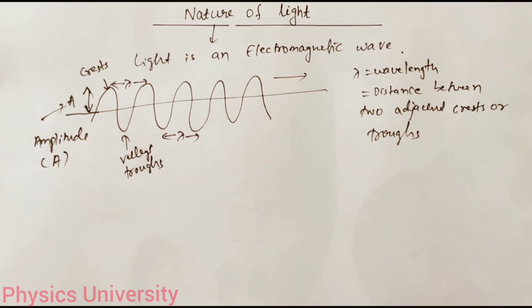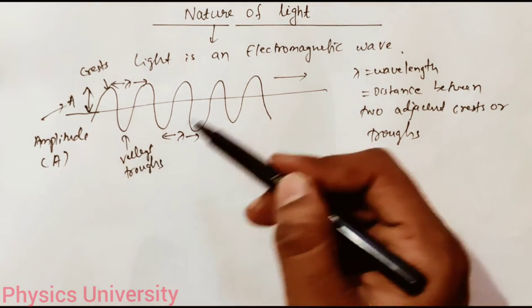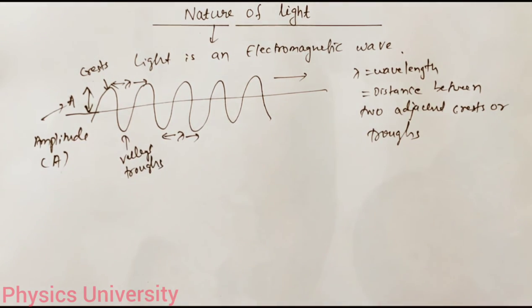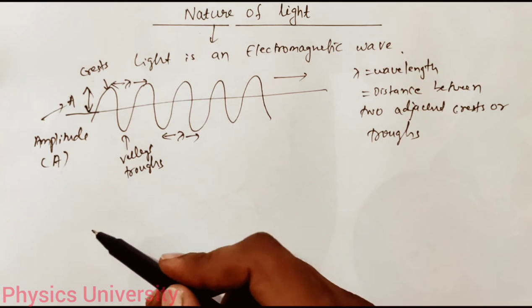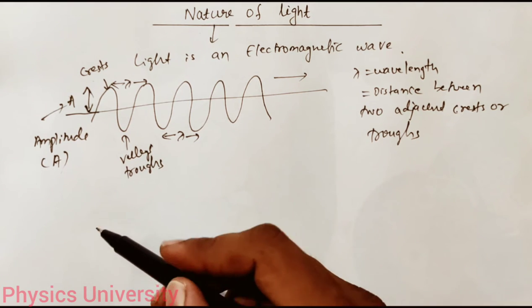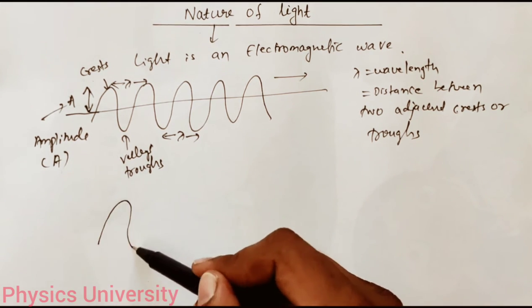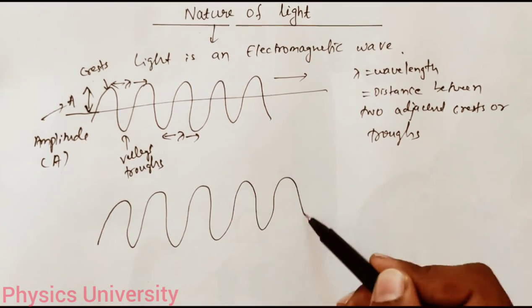Light is also a wave, but this wave is different from the wave you have studied in 9th standard, that is sound wave. This electromagnetic wave can travel through vacuum. And here you have an electric field component as well as a magnetic field component, right?